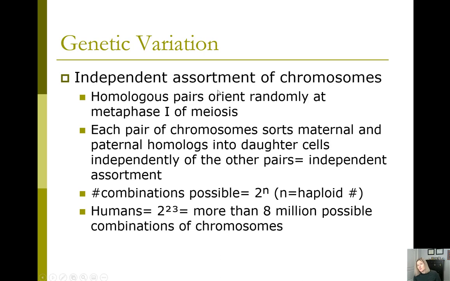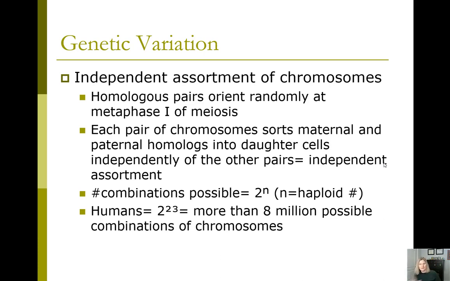That independent assortment of chromosomes occurs during metaphase 1, when the homologous pairs randomly assort themselves at the metaphase plate. Each pair of chromosomes sorts the maternal and paternal homologs independently of each other. So we're not going to have all the mommy's chromosomes on one side and daddy's on the other.